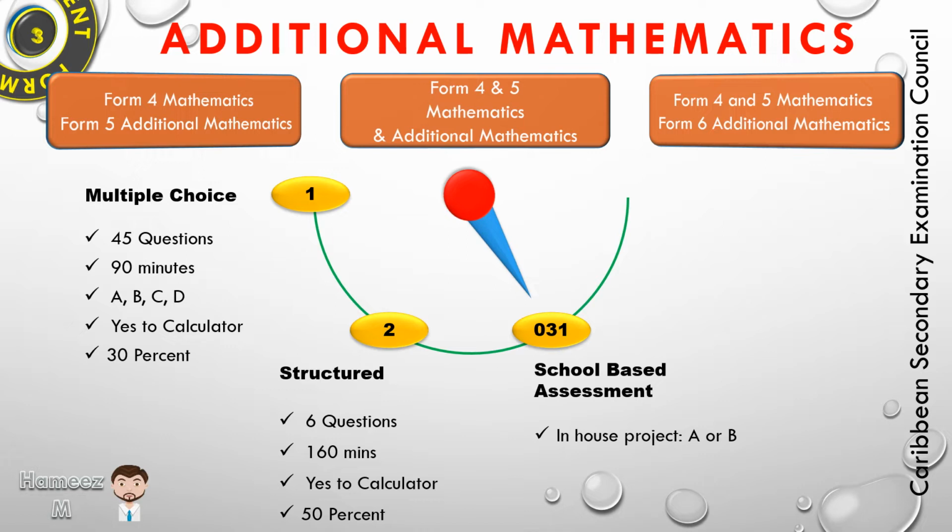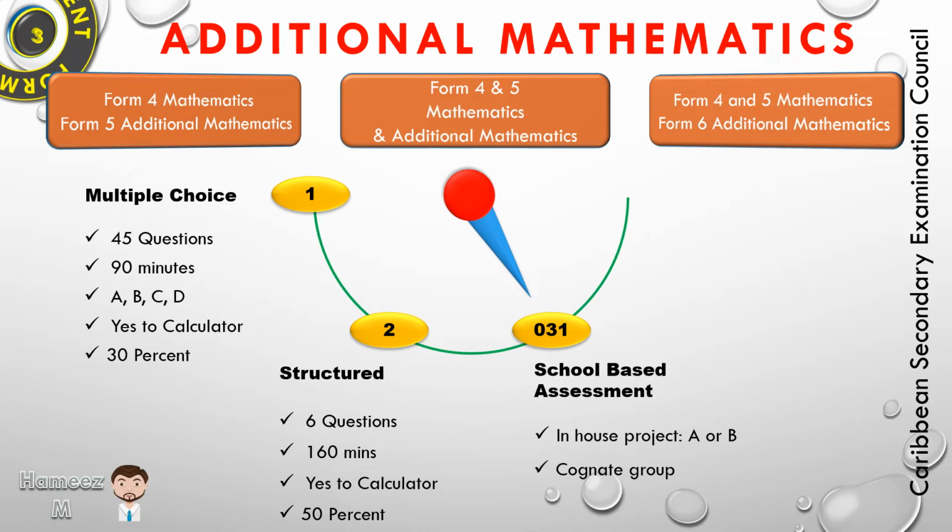Remember that additional mathematics, along with mathematics, forms a cognate group. What that means is that only one SBA is required to cover both subjects. But that SBA must be at the more challenging subject, which is additional mathematics.